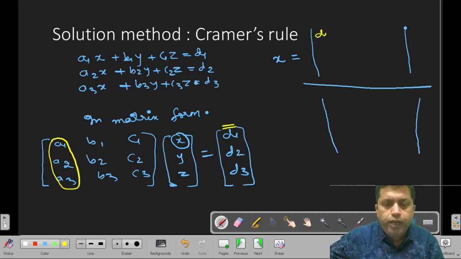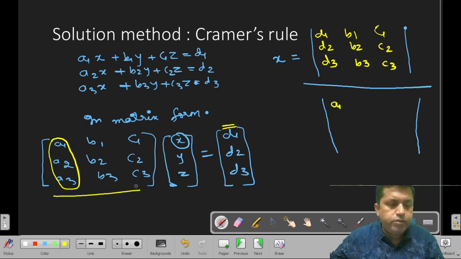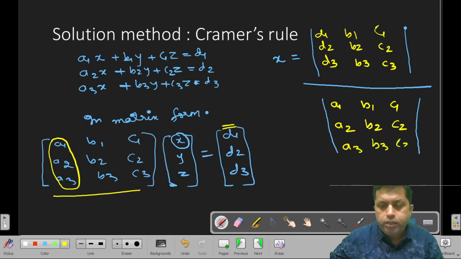So this will be D1, D2, D3, B1, B2, B3 as it is, C1, C2, C3 as it is, and the denominator is the same constant matrix A1, B1, C1, A2, B2, C2, A3, B3, C3.